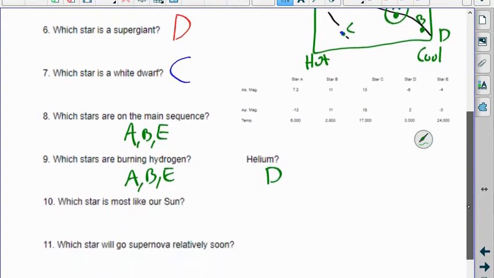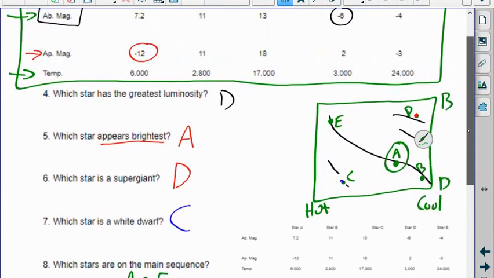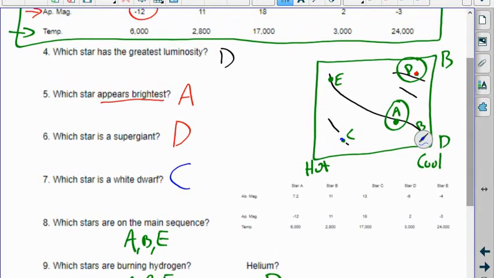So star A would be most like our sun. Which star will go supernova relatively soon? So supergiants go supernova. So star D will go supernova relatively soon. There is another star that will go supernova eventually, and that would be star E, because it's a really big, bright star that will eventually become a supergiant and then go supernova.